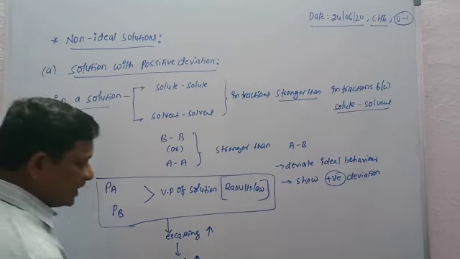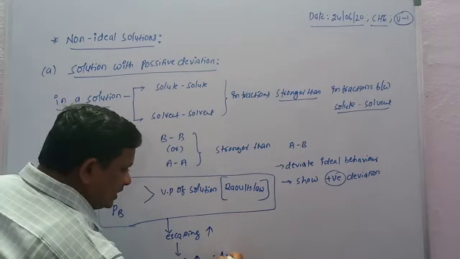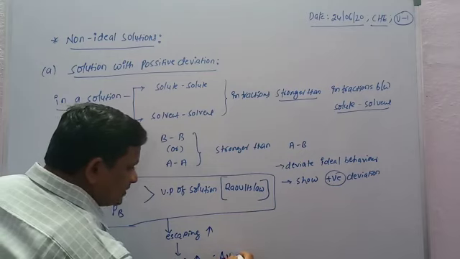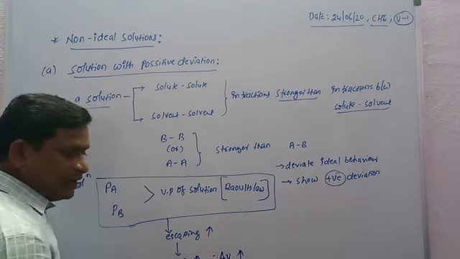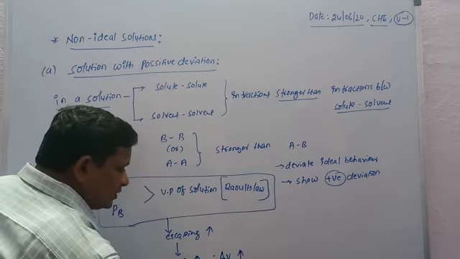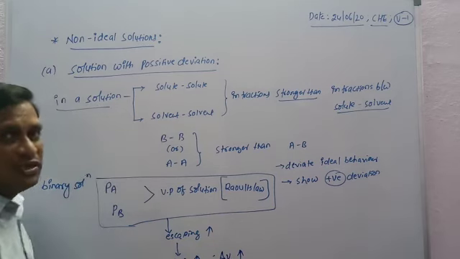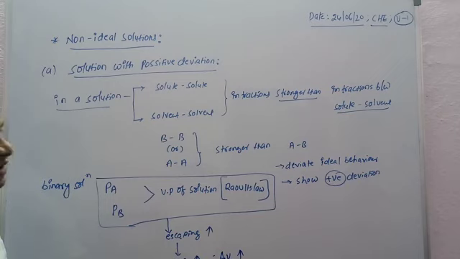So then volume increases, so delta V increases. Then the solution shows the positive deviation. What is a positive deviation?